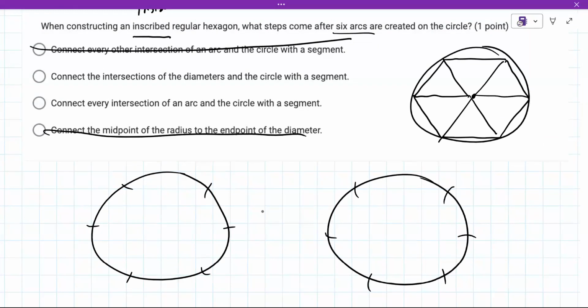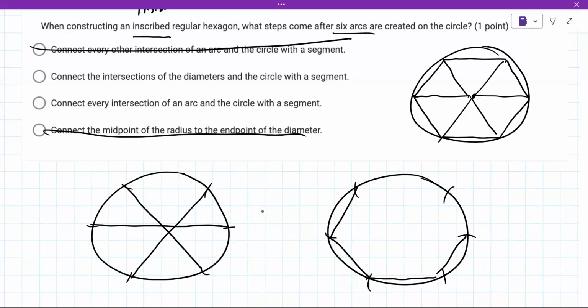So connect every intersection of the diameters and the circle with a segment. So it's like doing that, which should go through the center, or connecting these. And I actually just don't know. Like, you've got to do both. So I don't know why the order matters, but according to this, it does.